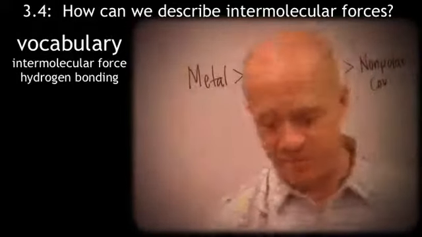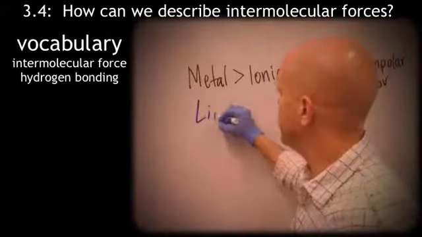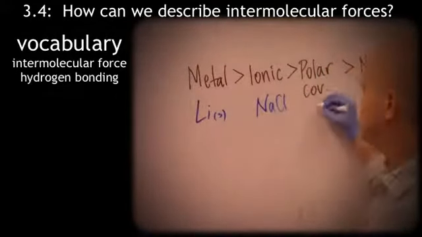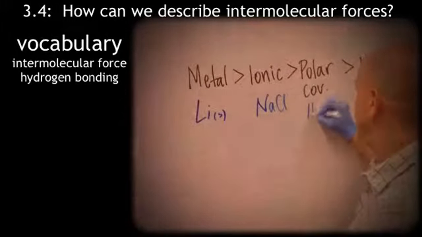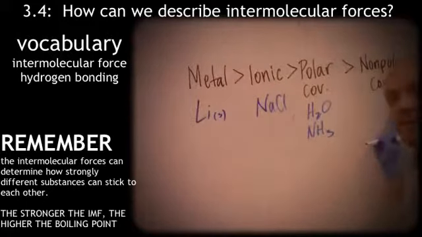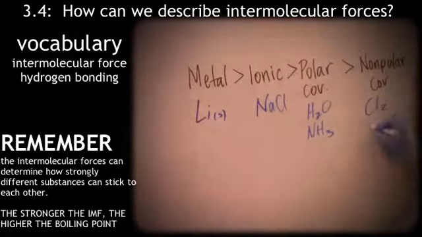An example of each one: lithium solid, sodium chloride, polar covalent would be H2O or NH3, and finally nonpolar covalent, Cl2 or CO2, which are both nonpolar covalent compounds. Thank you.